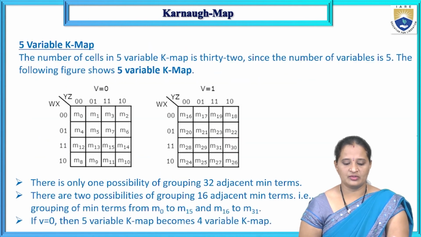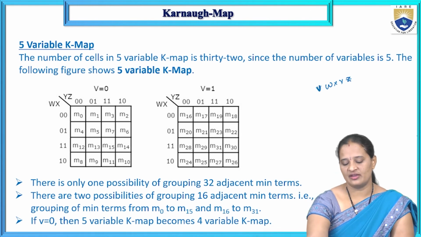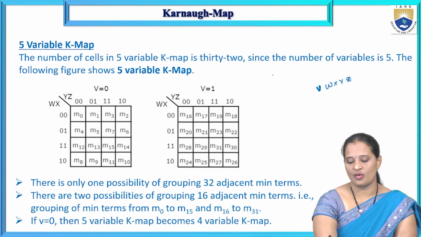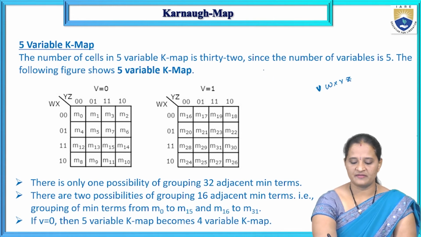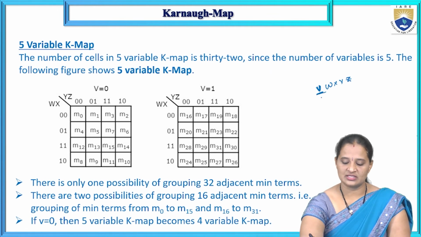Now coming to the 5 variable K-map. The 5 variables are V, W, X, Y, Z. So actually we have 32 combinations. For the first 16 combinations, V value is considered to be 0, and the remaining values vary from 0, 0, 0, 0, 1 up to 1, 1, 1, 1.